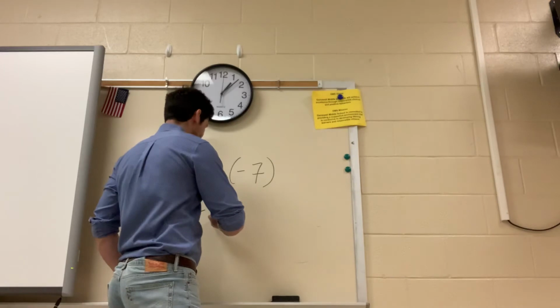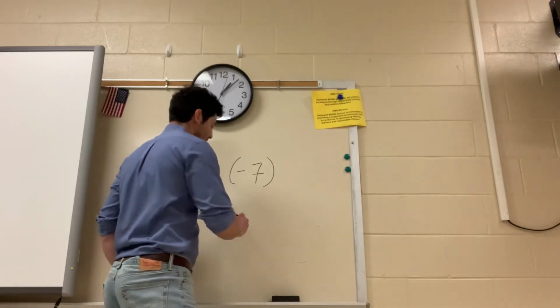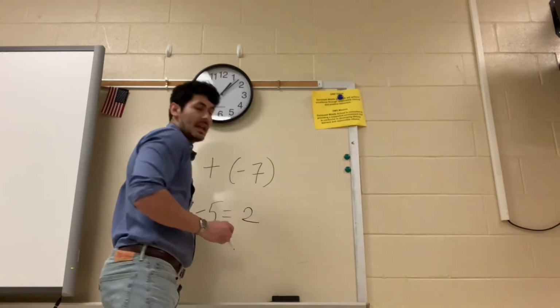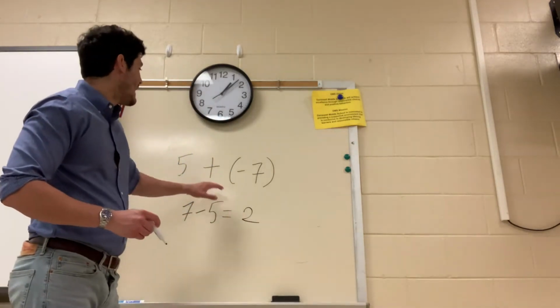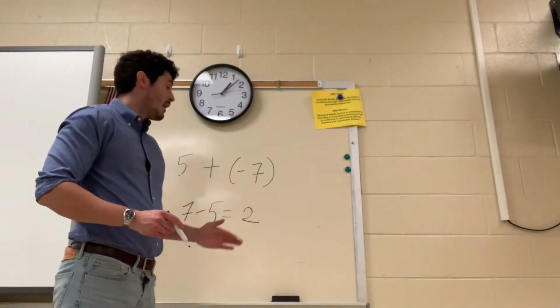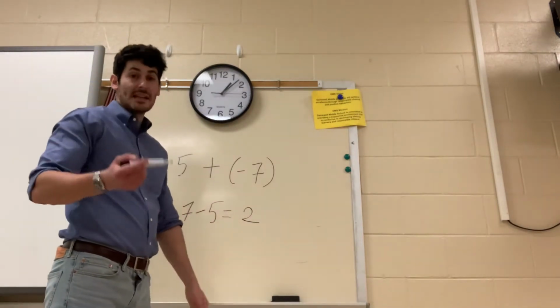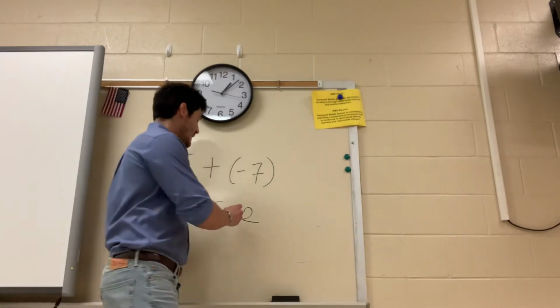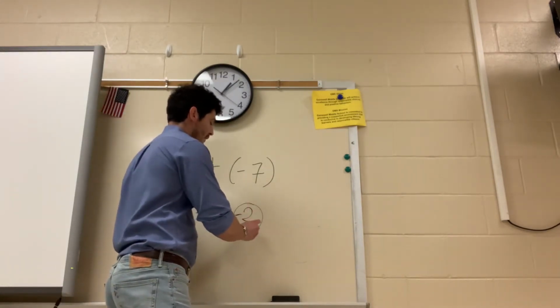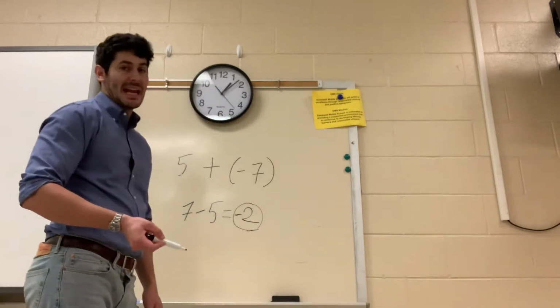So you know that's 7, take away 5 is 2. And then we pick the sign of the bigger number. Our bigger number was 7, we decided, therefore 7 is negative, therefore my solution will also be negative. So the answer to this problem is -2.